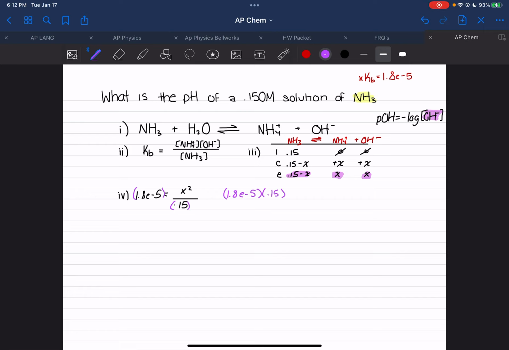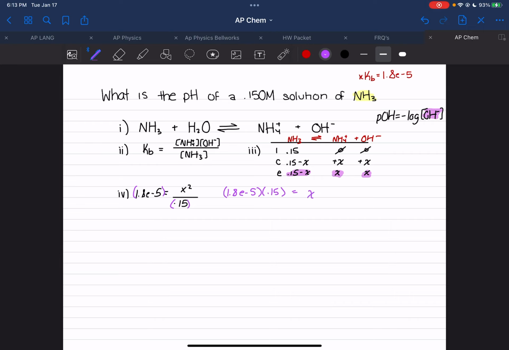Sorry, I've got to just do it on my calculator. Let me just mute this. Okay, 1.8 e negative 5 times 0.15 will give you X squared, which is 2.7 e negative 6 equals X squared. But we're solving for X, right?